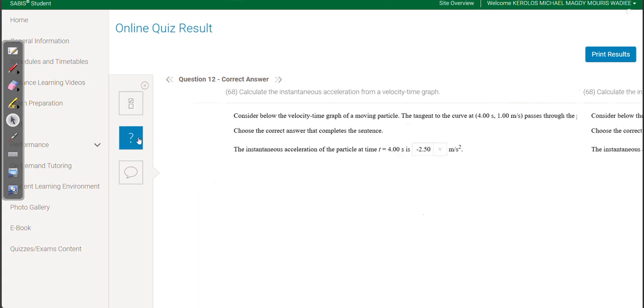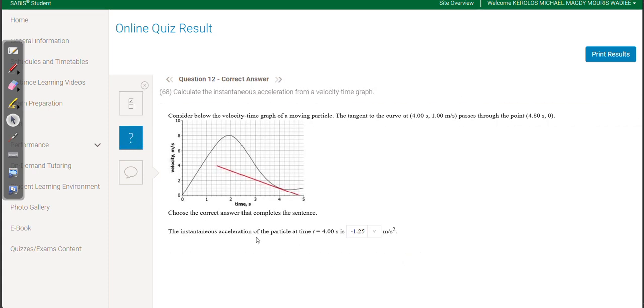Next question. The instantaneous acceleration of the particle at time 4. Okay, again, I'm just going to remind you, acceleration is velocity over time. And since we have a curve here, the acceleration at any given time, here it's 4, is equal to the slope of the tangent. They drew it for us, and they also told us the tangent to the curve intersects the points 4, 1 and 4.8, 0.